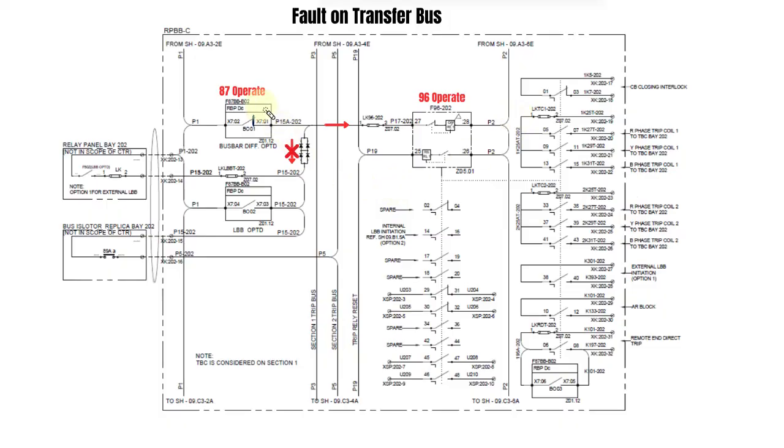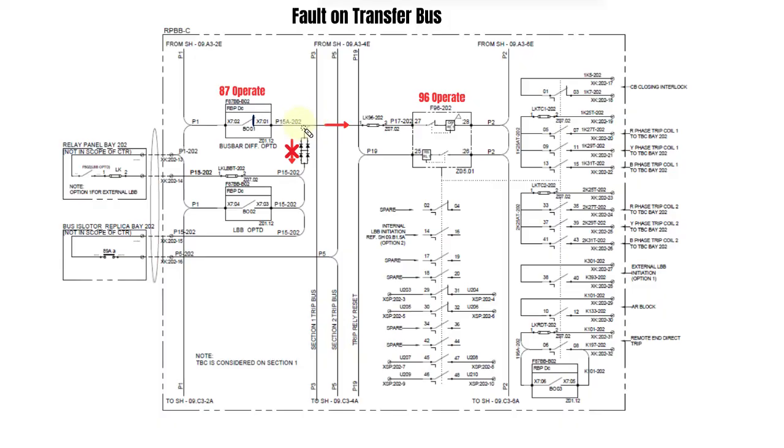When there's a fault on the transfer bus and the relay has identified it, the output contact of the transfer bus operates and sends a command pulse. The pulse is extended to the 96 relay of the transfer bus coupler bay, and its breaker operates.